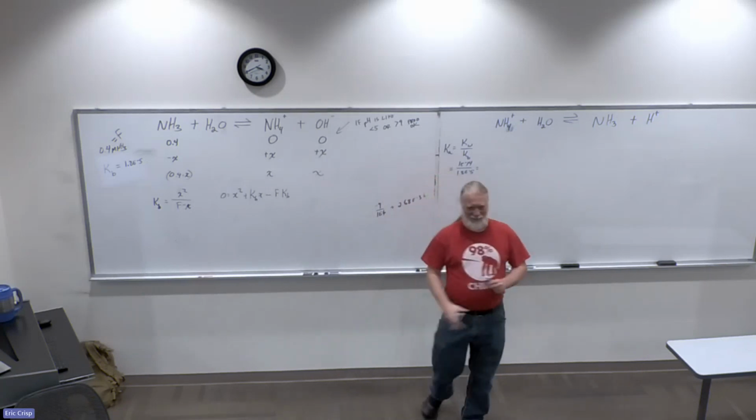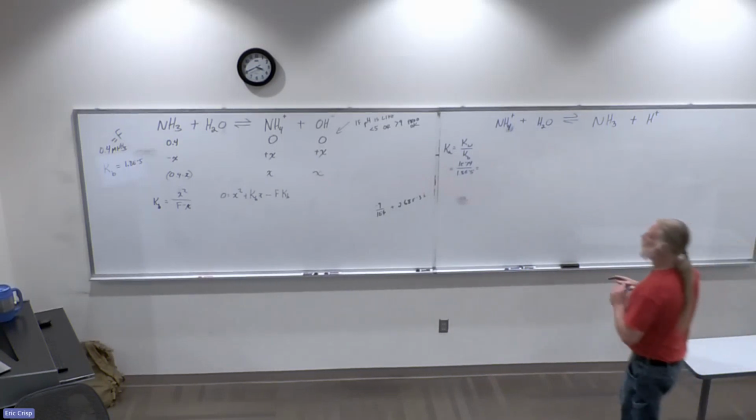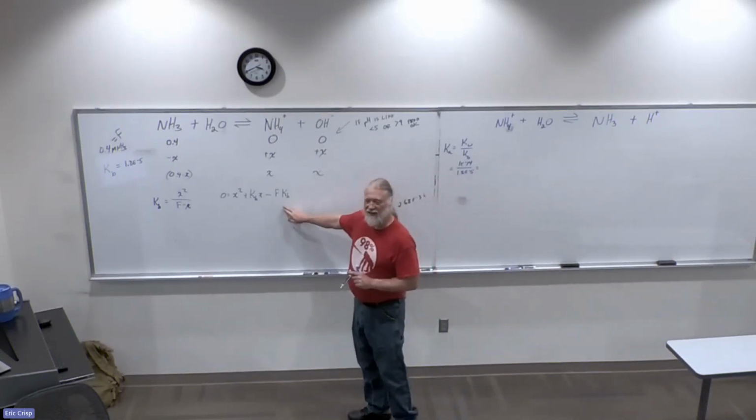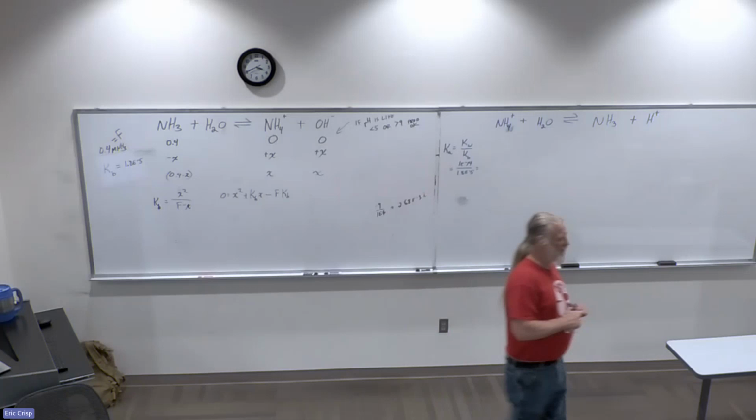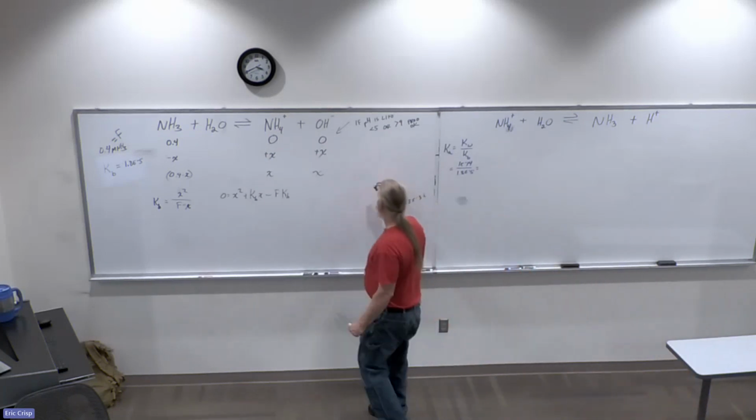Is there another solution? Could we have a difference? Oh, Miriam, did you put in a negative value for C? 2.67 times 10 to the -3rd.